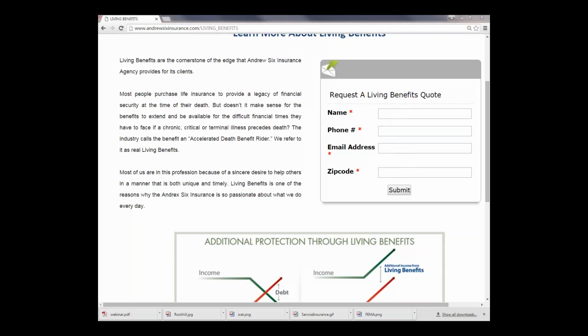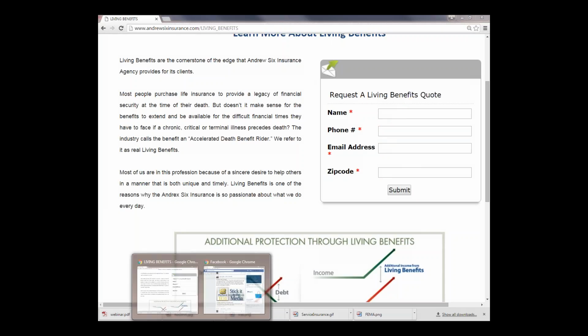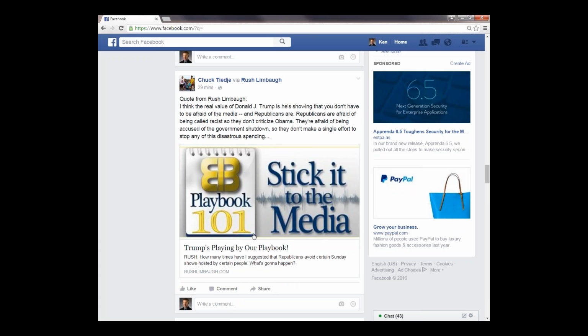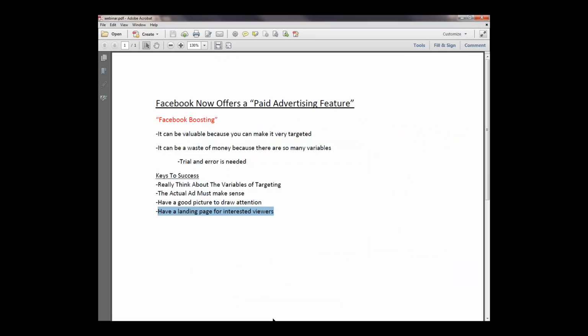They fill it out, he gets emailed, and that's how he knows if he's being successful with his advertising. I don't think you'd want to have your phone number in here. This is Facebook, it's a whole other level of user. So making sure that your advertisement has the right verbiage, the right picture, and the right landing page makes a huge difference.